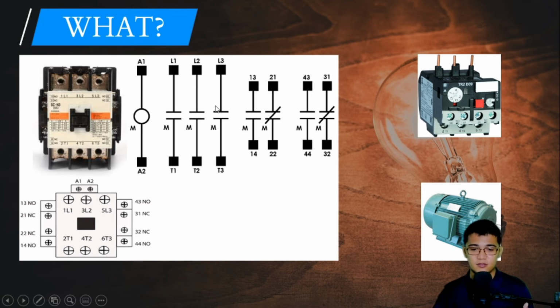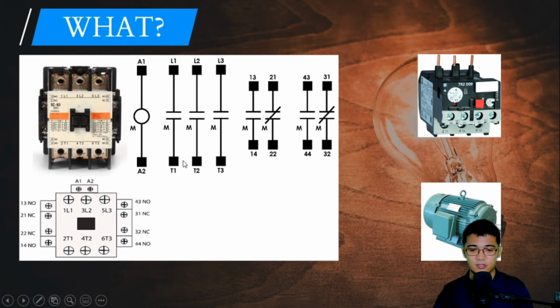Okay? So yan. Ang tawag dito sa set of contacts na to class, kung ito ay coil contacts, ito naman is what we call the main contacts. Dito natin sa ibabaw, dito natin i-connect yung ating line terminals. At dito naman sa ilalim, dito natin i-connect yung ating motor terminals.